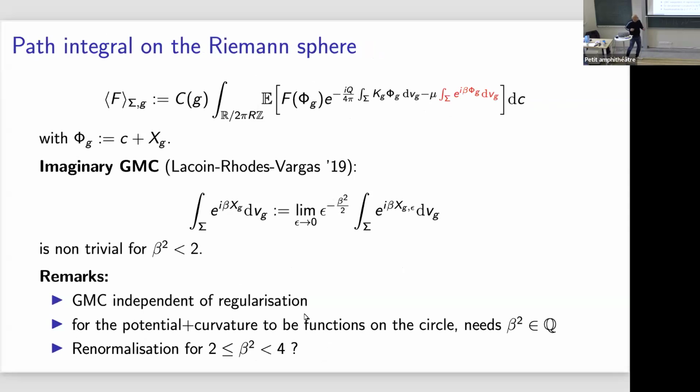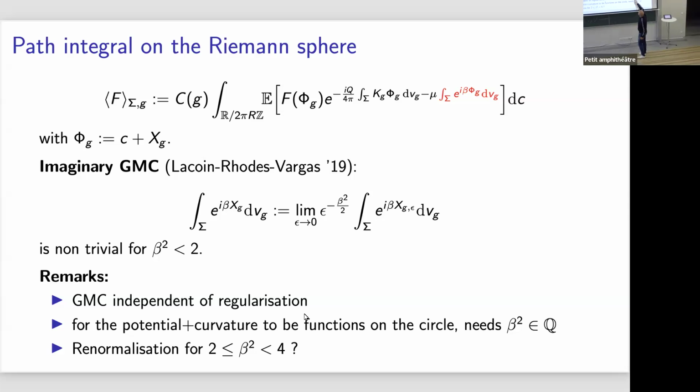Here, when your function takes values in the circle, the zero mode means that it lives on the circle. So basically, if you just look at the zero mode, the integration measure here is compact. So that's nice enough. For the imaginary Liouville, the functions here take values in the real line. The zero mode is free to fluctuate, whatever it is.